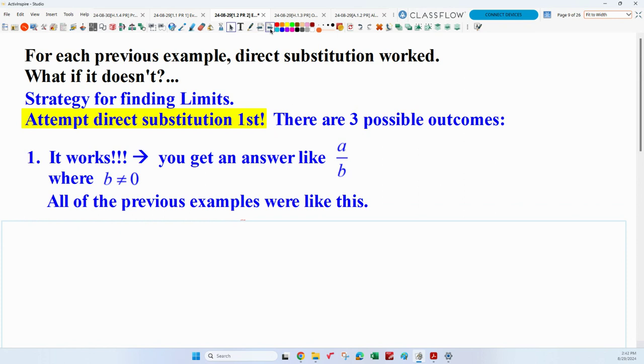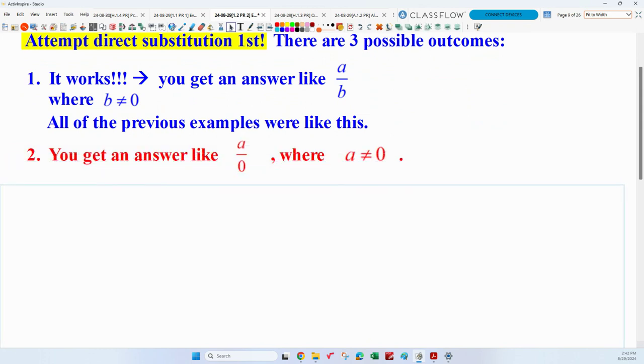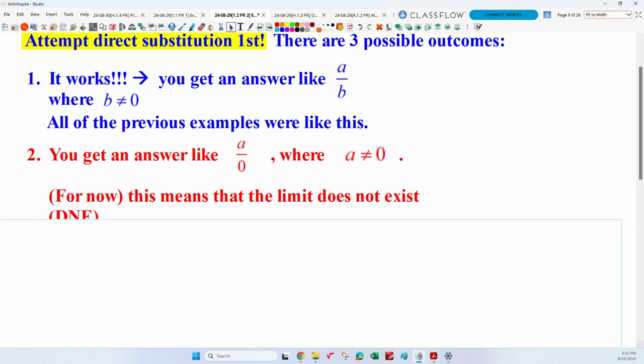We got answers. What's the first thing that could happen that throws a wrench in the works? First thing that could happen is we get an answer where the limit of the numerator is a real number, but we end up with a 0 on the bottom. We actually have seen stuff like that. That was the example where the function went up to infinity. That would have been one like this. What did we say about that?